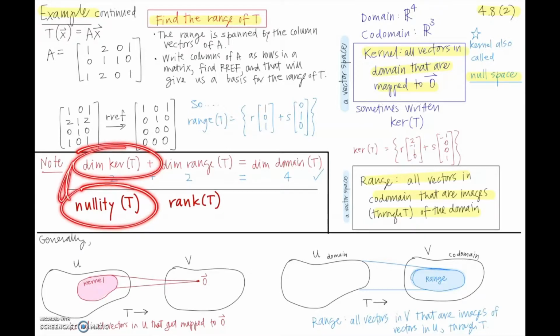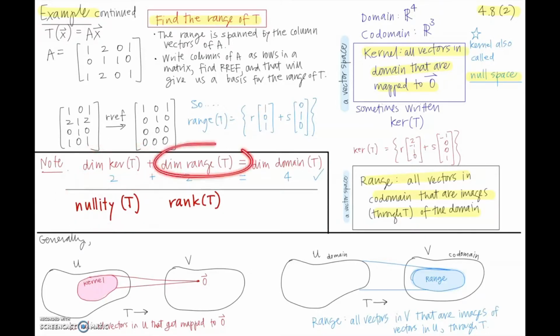That's just a name change. And the dimension of the range, because of how we found it, is the rank of the transformation T. And when you add these together, this equals the dimension of the domain of T.